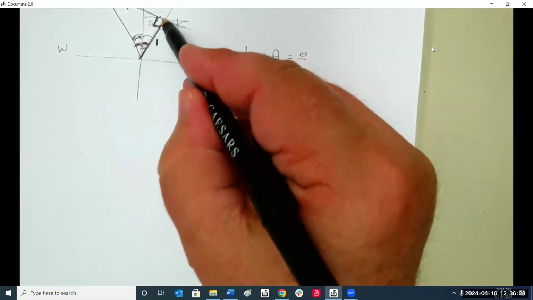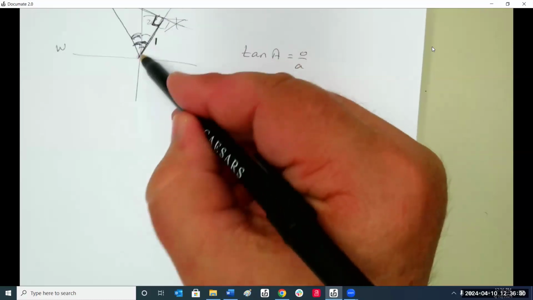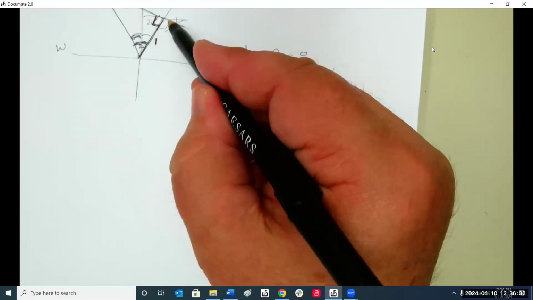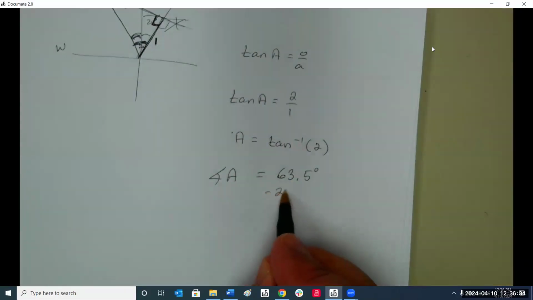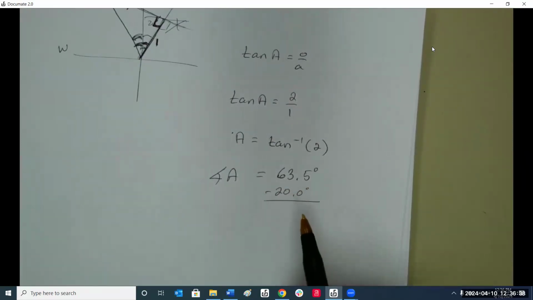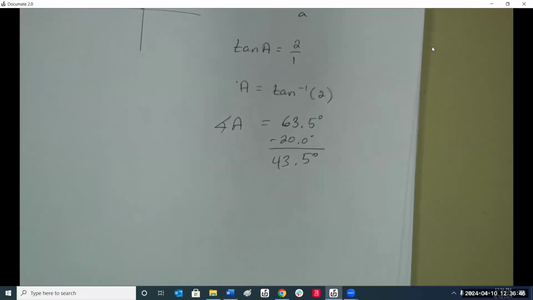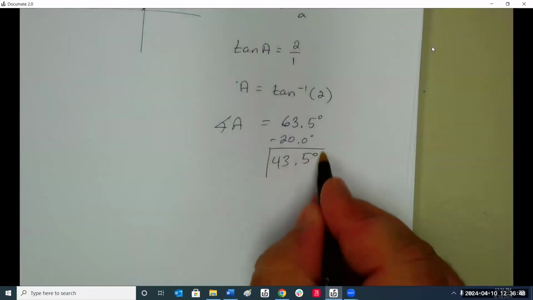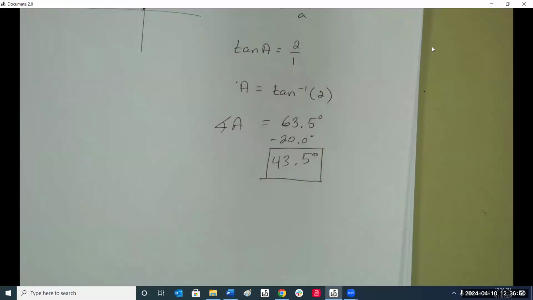So that's 63.5 degrees from our initial takeoff direction. We subtract 20 degrees, because remember, bearing is always taken from the vertical north. So the airplane is at a bearing of 43.5 degrees north-northwest.